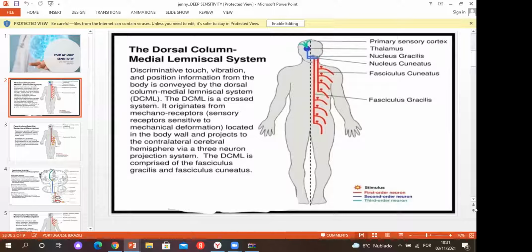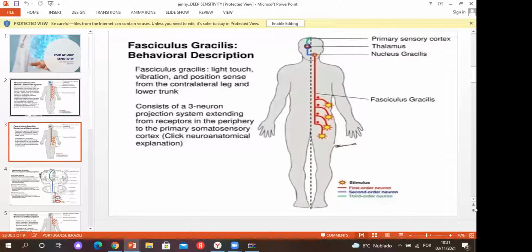It is comprised of the fasciculus gracilis and the fasciculus cuneatus.